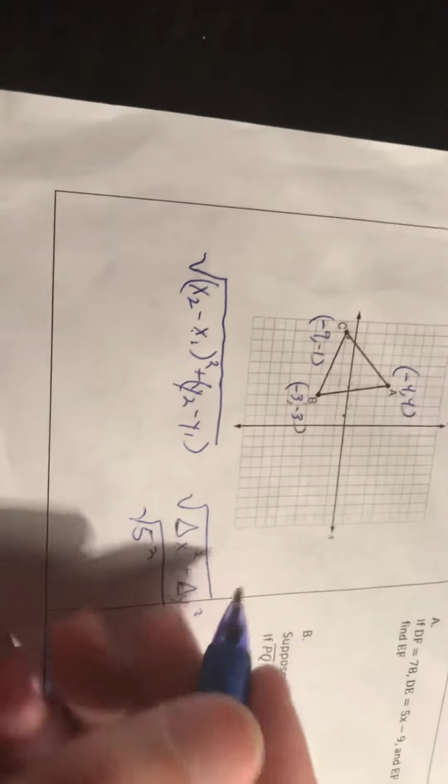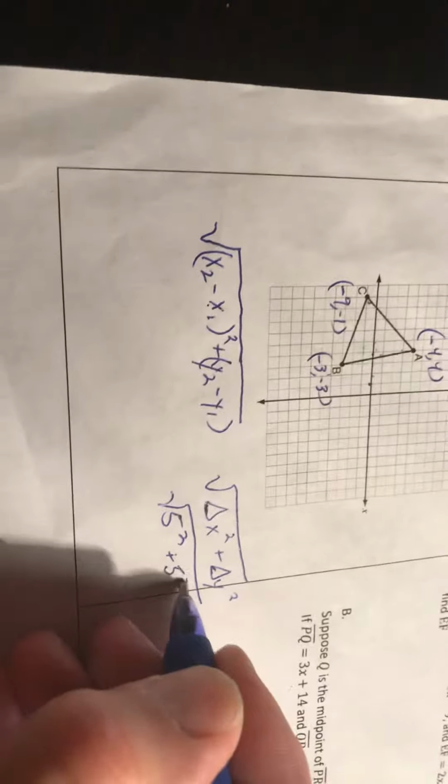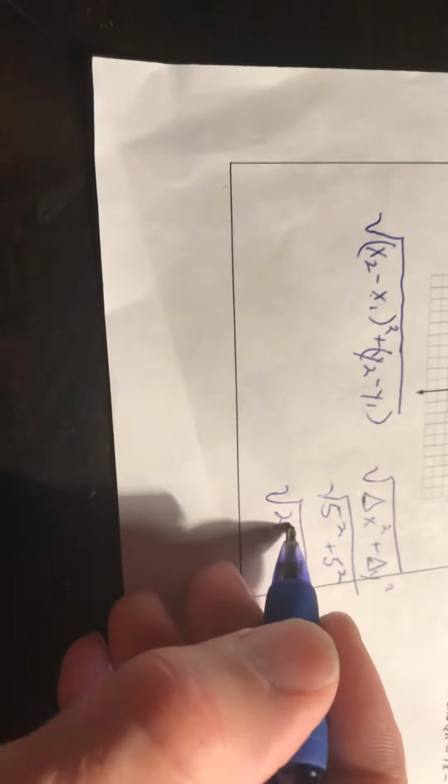So they're 5 units apart up and down, so that's also going to be 5 there. When we square them, we end up getting 25 plus 25, and then we get the square root of 50. When we work that out, it ends up being 7.1.